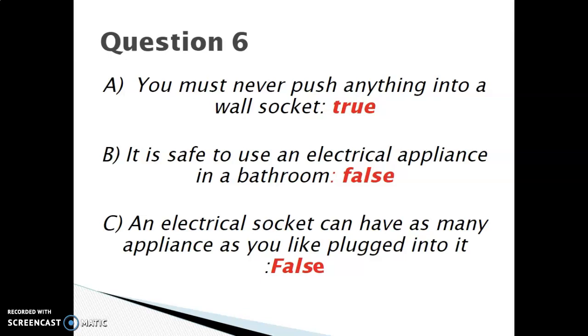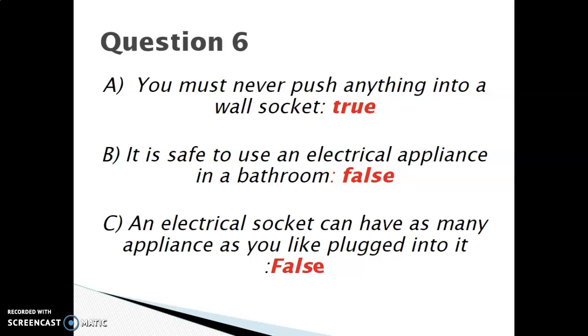True. B. It is safe to use an electrical appliance in a bathroom. Sure, the answer will be false.